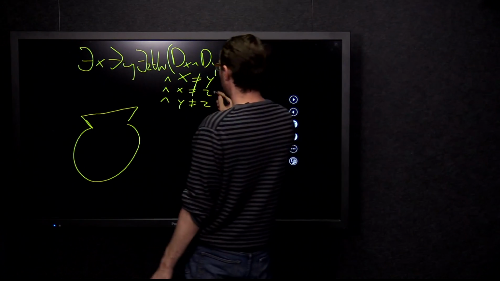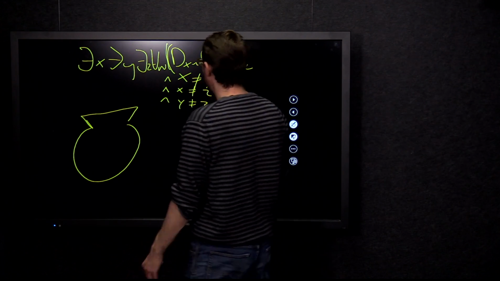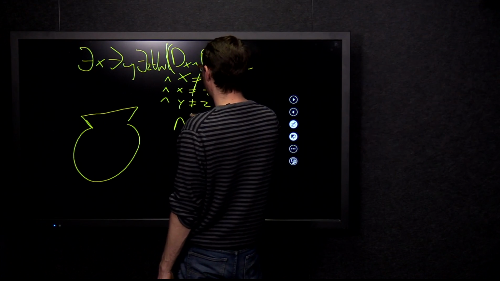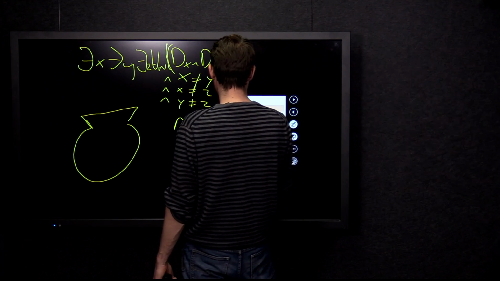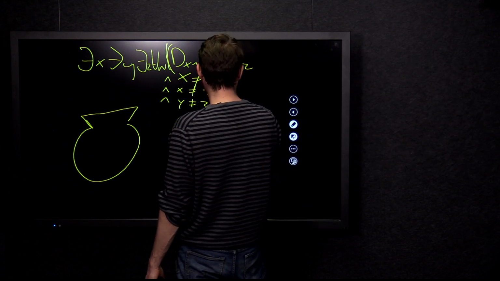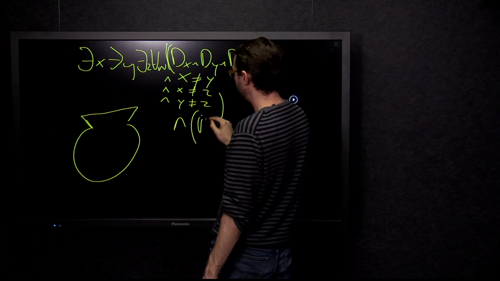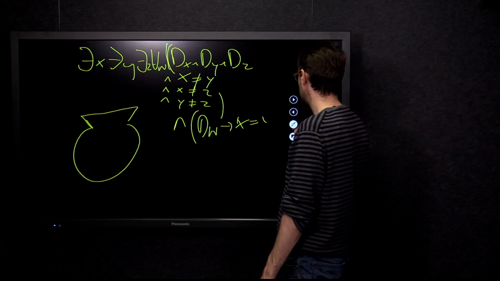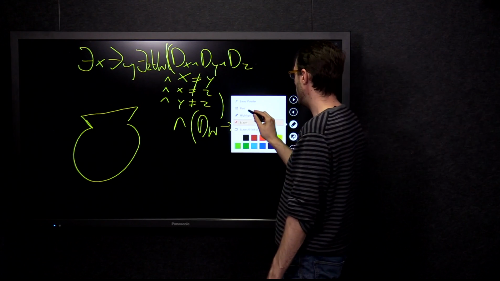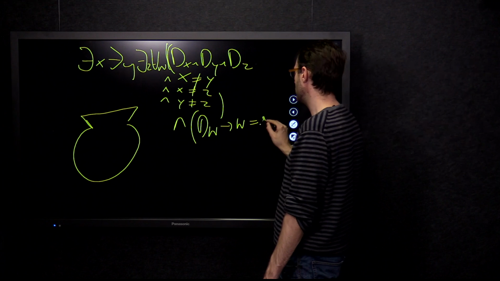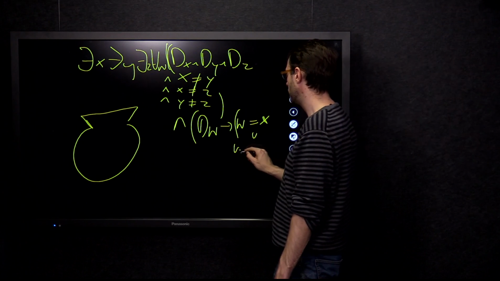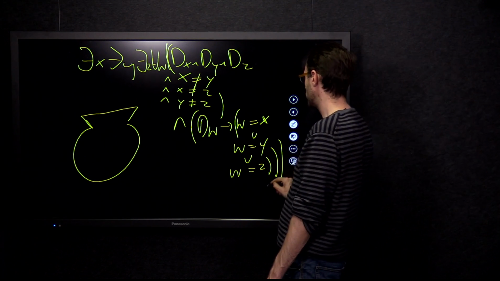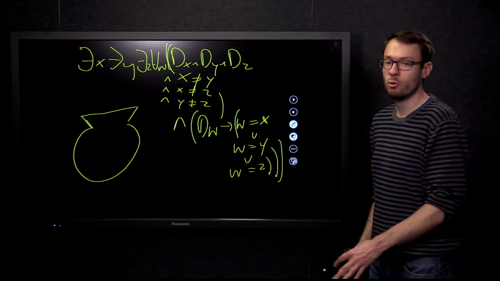So we allow for this big conjunction of claims about dogs and the distinctness of dogs, and then we add to that, for all things W, if W is a dog, then it has to be either the first dog or the second dog or the third dog. Right? So here's the full-blown translation.